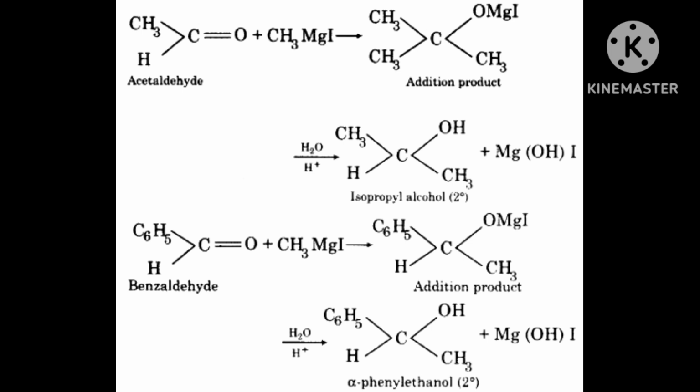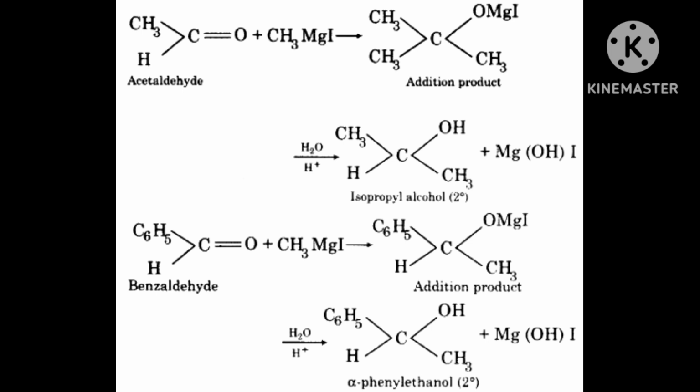R may be methyl, R may be ethyl, sometimes R may be a phenyl group also. If no R is specified, then keep two valencies open. Only write C and two lines. No group is attached, but it is expected that any group may come there.